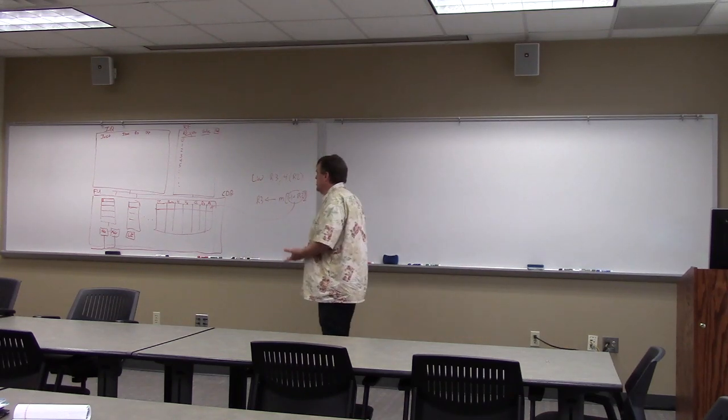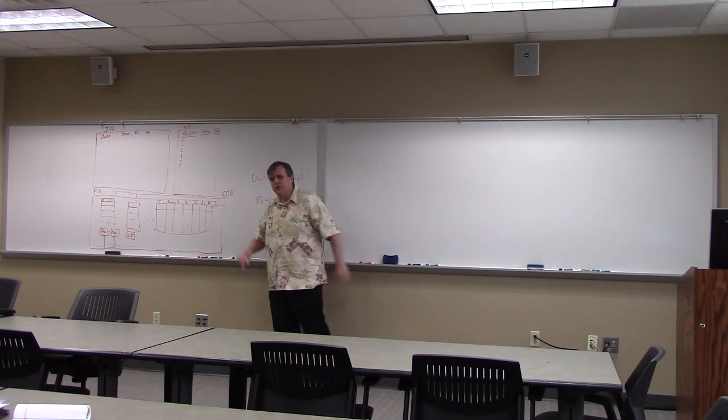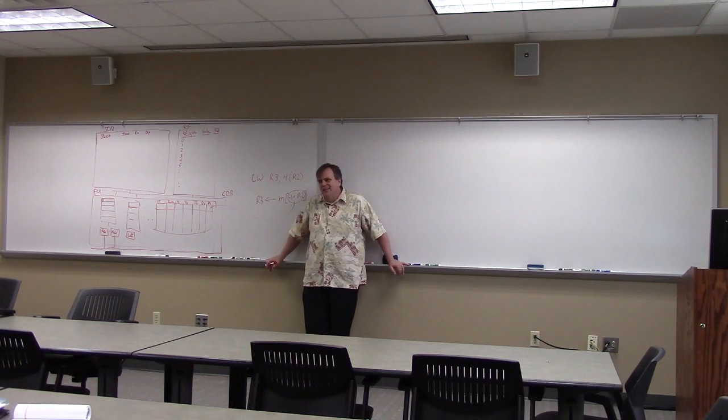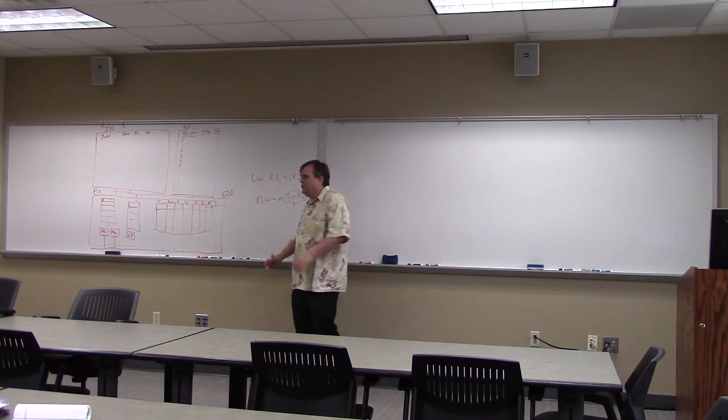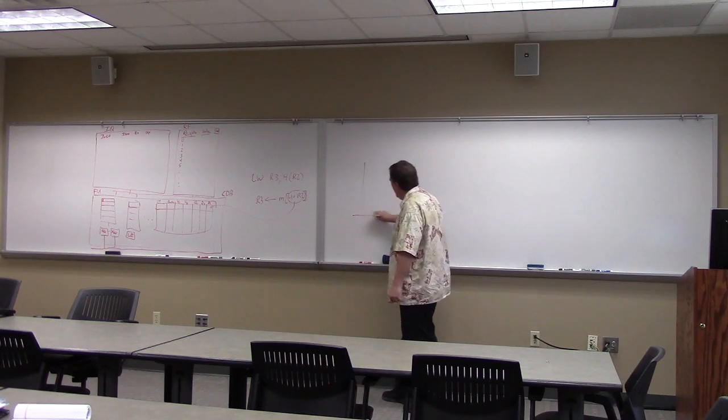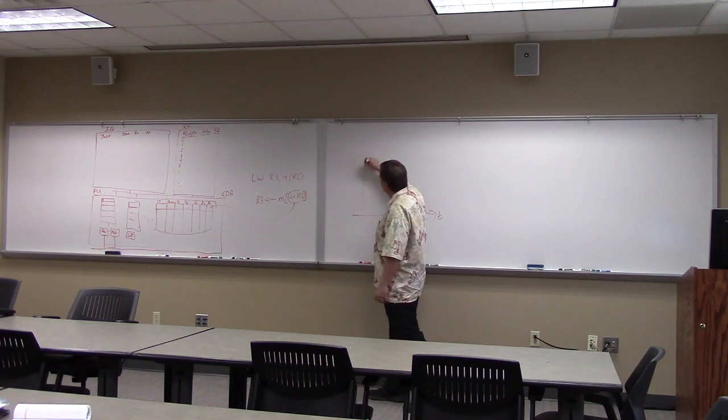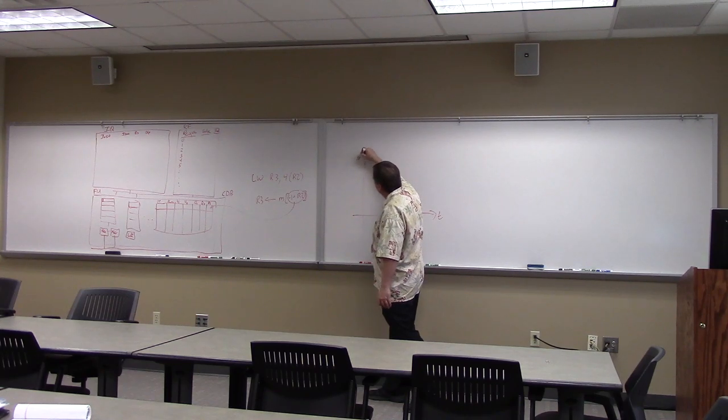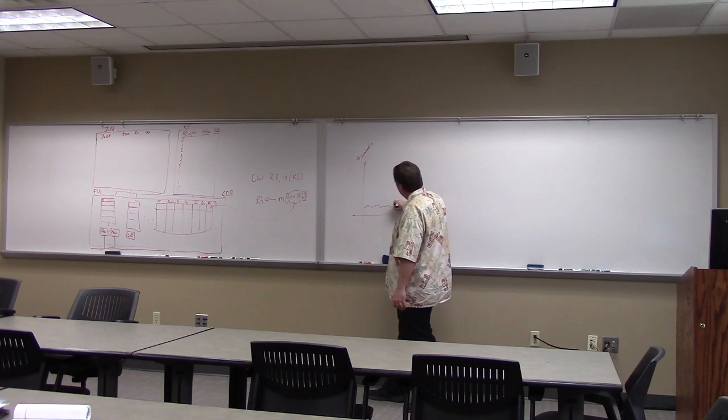What's the problem with building a ton of data buses? Then why don't you just build one for everything? Wires. It's expensive. It's heat, it's space, area. So say I build K common data buses, but I usually only use less than 1/3 of them. If you think about my utilization of the bus, if this is time and this is how many commands finish, you're probably going to have some kind of steady state value.